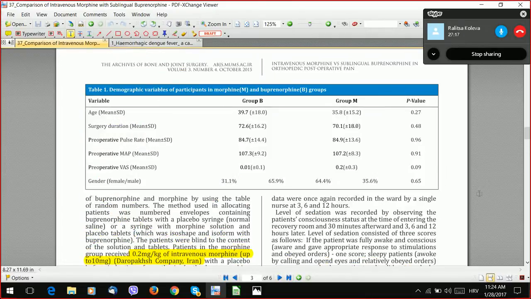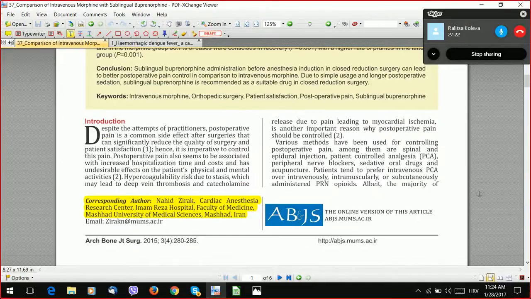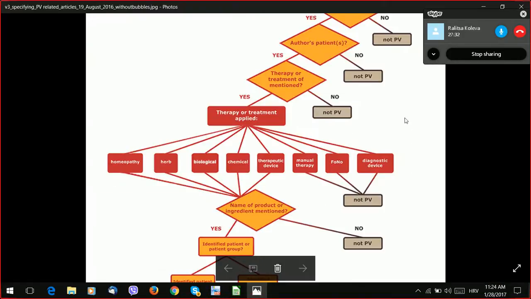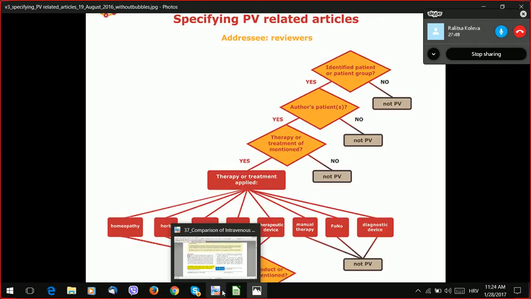And if we would contact, and we do have a contact of one of the authors, he would be able to give us more information about the patients. So here I already have all 4 criteria met. Of course, I need to analyze the article in detail when reviewing, so I'm not going to stop there.